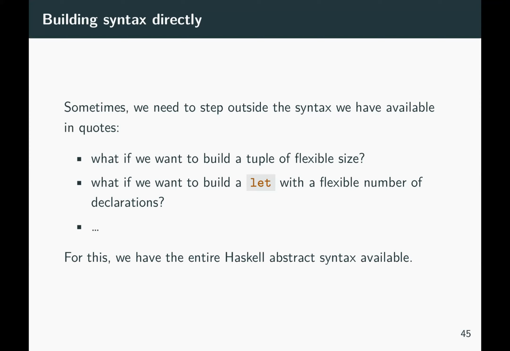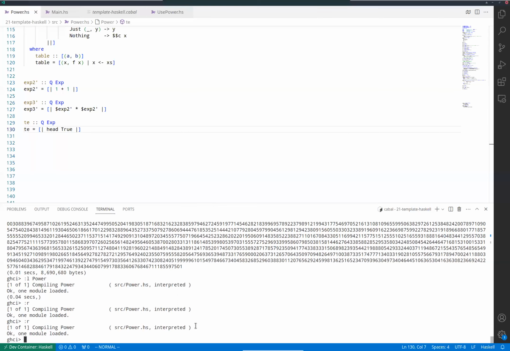Sometimes what we have done so far is not sufficient for what we want to do. So the standard example for that is tuples of flexible size. And for that, we can actually use Haskell abstract syntax directly. So not using a quote to get our expressions, but building it directly. I had this show function that I used a couple of times. So for example, this show code x3.